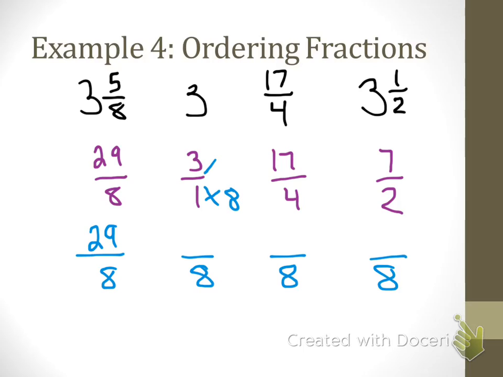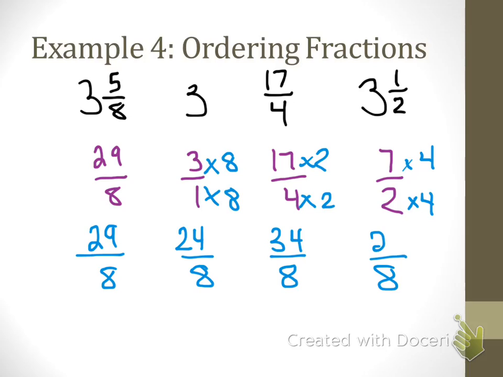Now 3 times 8 is, class? 24. 4 times what equals 8? 2. 17 times 2 is? 34. Good job. 2 times what equals 8? 4. So 7 times 4 is? 28. Now I'm comparing fractions that are the same size because they all have the same denominator.